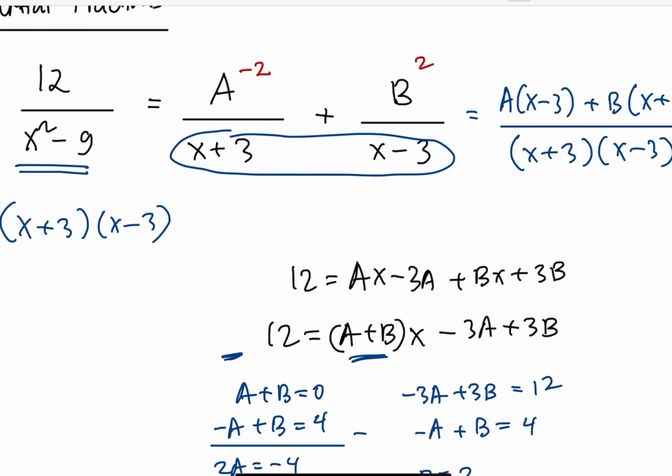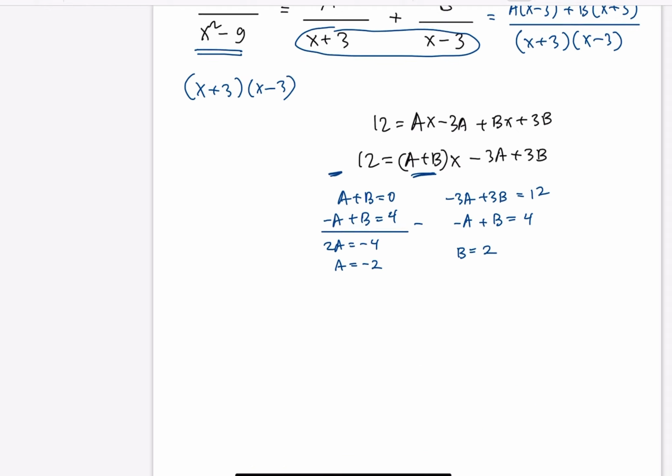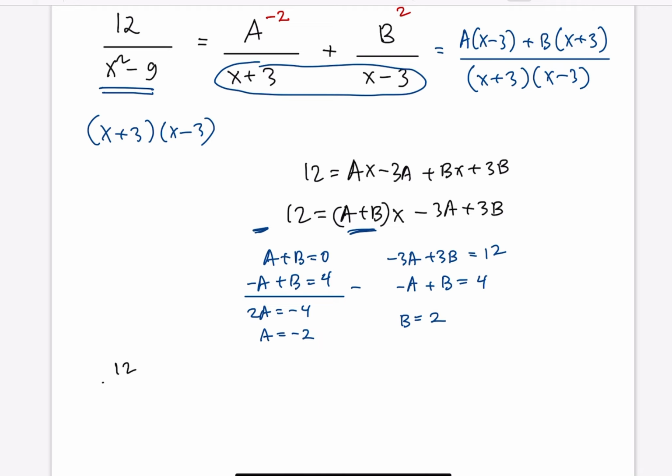We can write down the equation, with the positive in the front: 2 over x minus 3 minus 2 over x plus 3.